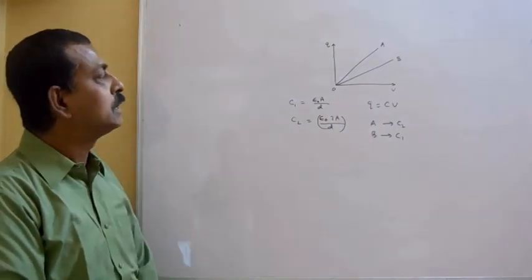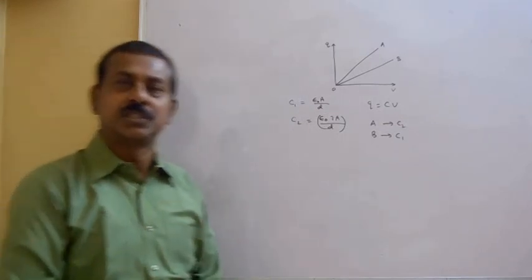So A will represent C2 and B will represent C1.